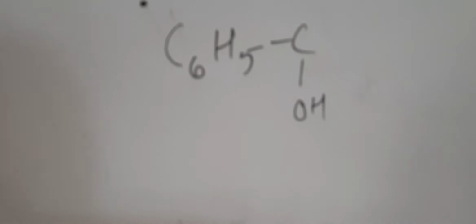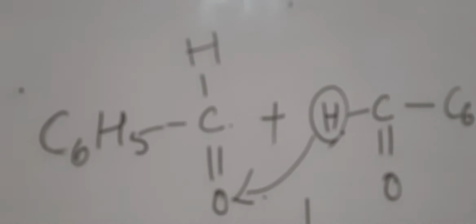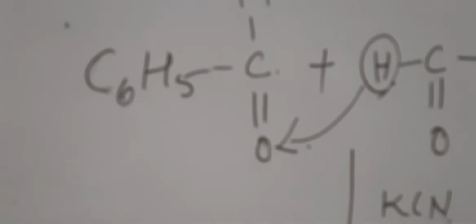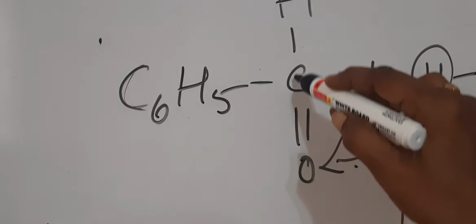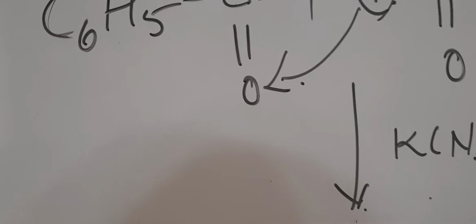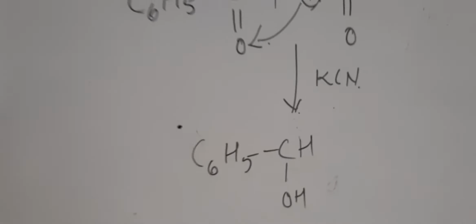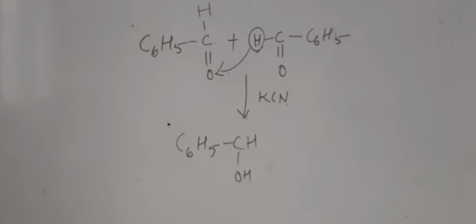Let me write the product now. C6H5, COH, because hydrogen gets attached to this oxygen. This hydrogen we have to put here, right? So C6H5, CH. I think it's clear now.